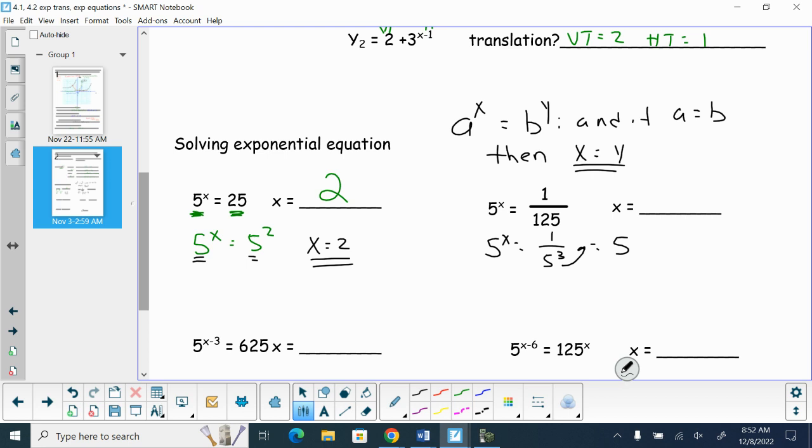What can we do? Once again, we're knocking on our brain from algebra. Anybody remember? There you go. Winner, winner, chicken dinner.